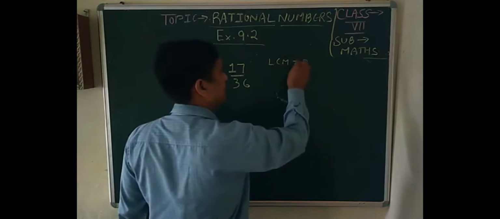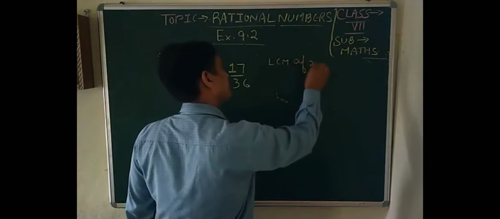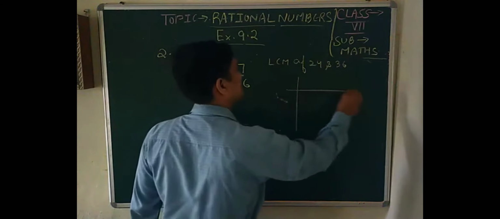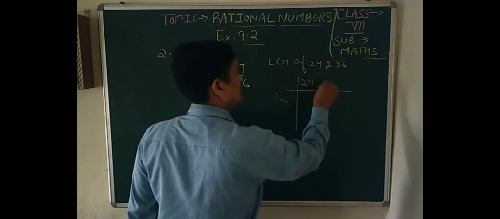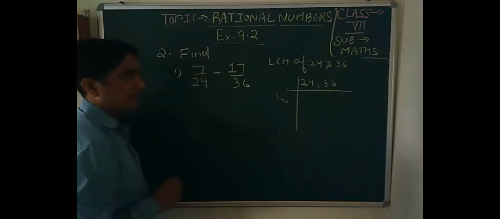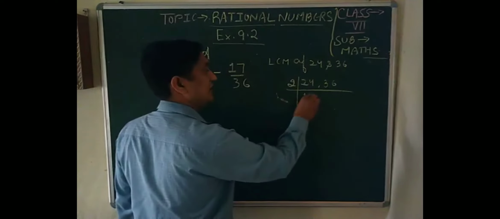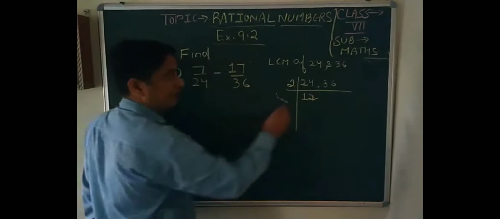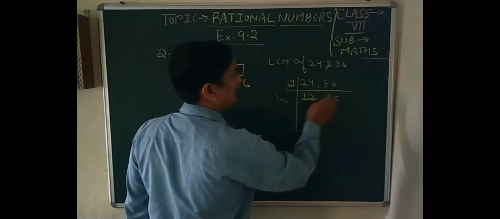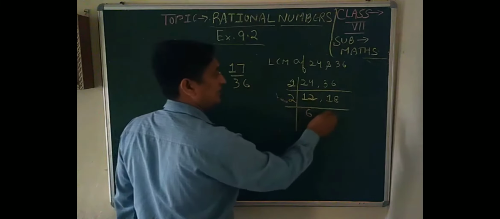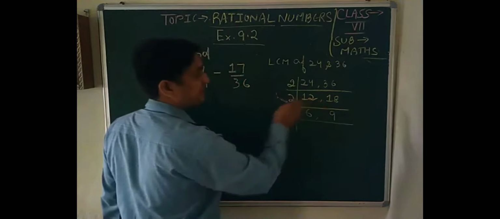LCM of 24 and 36. Try to find. 24, 36. Both are divisible by 2. 12 2s are 24, 18 2s are 36. Then again by 2, 6 2s are 12, 9 2s are 18.